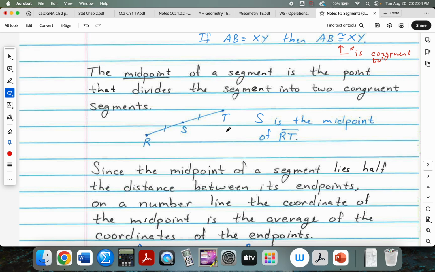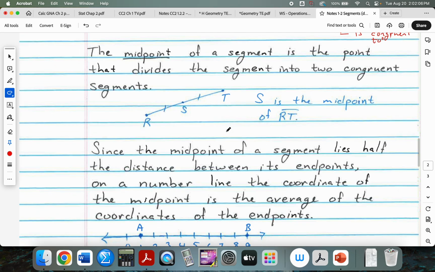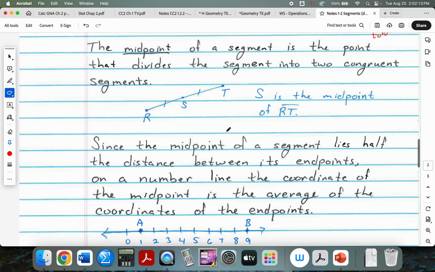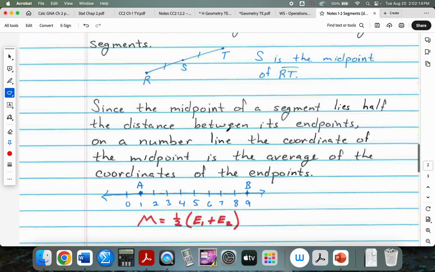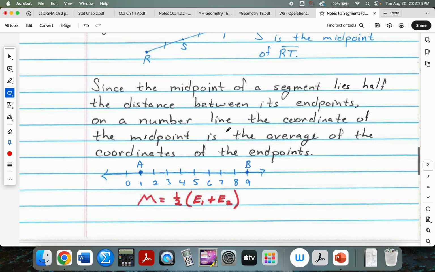Now, since the midpoint lies half the distance between the endpoints, on a number line, the coordinate of the midpoint is the average of the two endpoints. That formula should look familiar to you. You did it several times on last night's homework. M is equal to half of E1 plus E2.